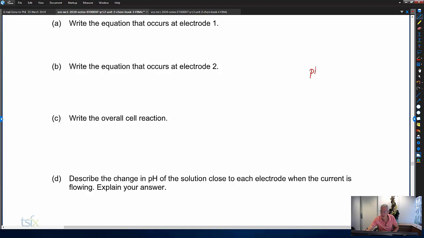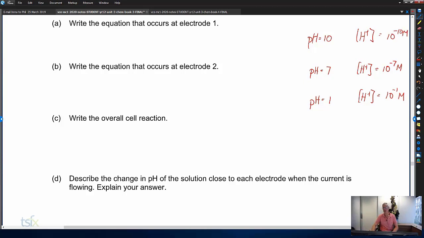If I had pH equals 7, the H+ concentration would be 10 to the minus 7 molar. That's pretty low. If the pH was 1, the H+ concentration would be 10 to the minus 1. You should definitely have covered that in year 11. And if the pH was 10, say, the H+ concentration would be 10 to the minus 10 molar.